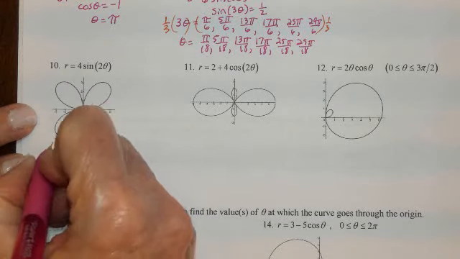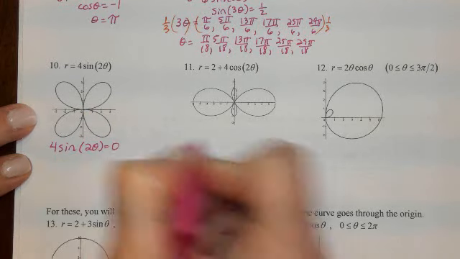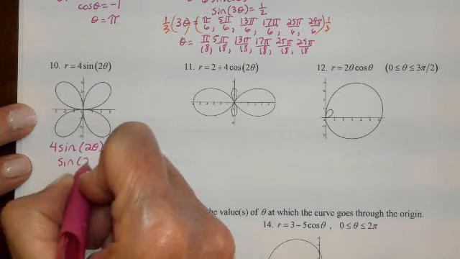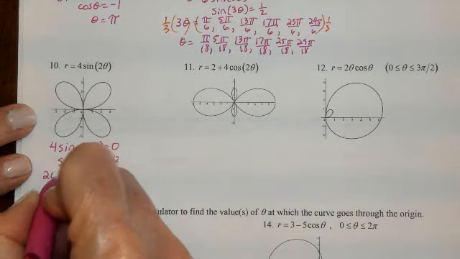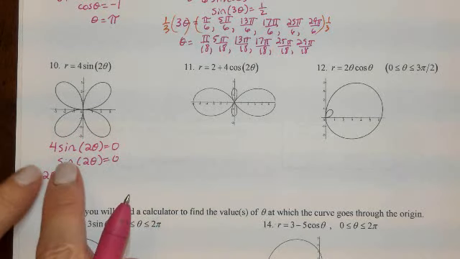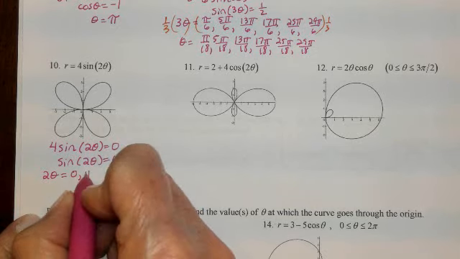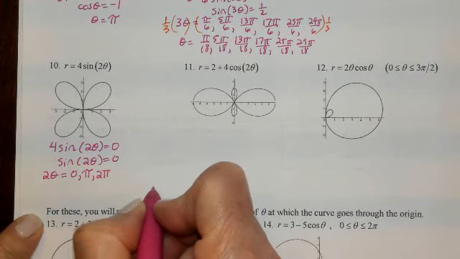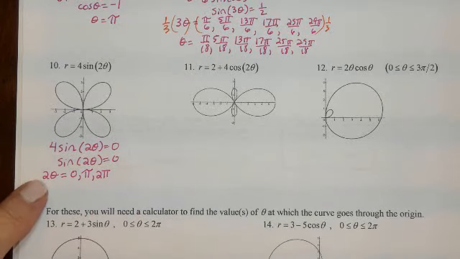Okay, let's set this equal to 0. Divide both sides by 4. So we'll have 2 theta is equal to... what angles make sine 0? 0, pi, 2 pi. But we have a 2 theta, so let's do it again, right?